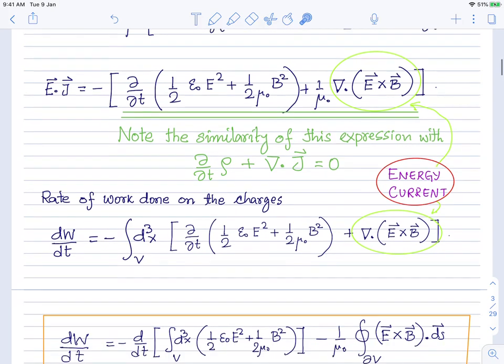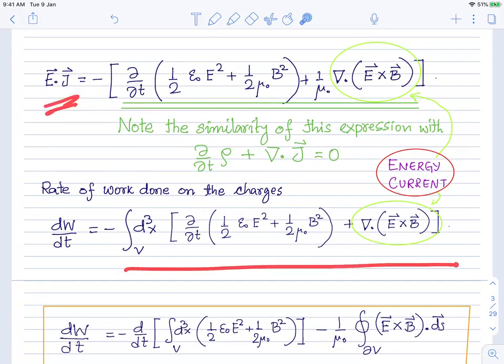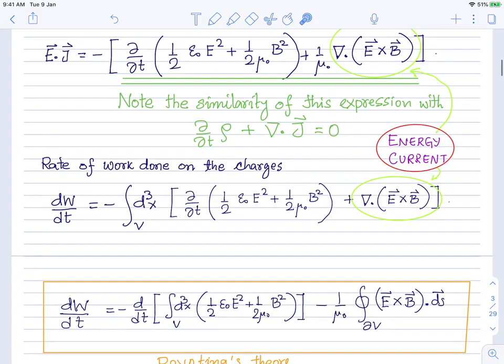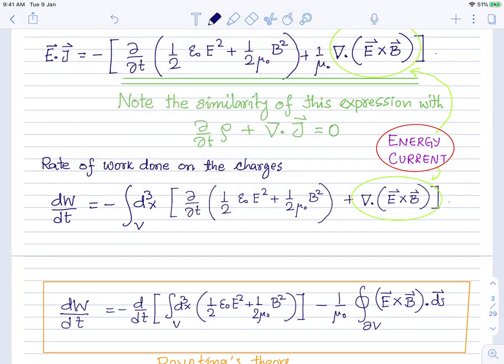So basically now if we put them together, the rate of work done, now we have to integrate E dot J. So this E dot J is integrated, and we have these two expressions here. This is the time derivative of a quantity, which is the energy density, and the divergence of the energy current. Again, sorry, I can see I have missed a factor of 1 over mu naught here.